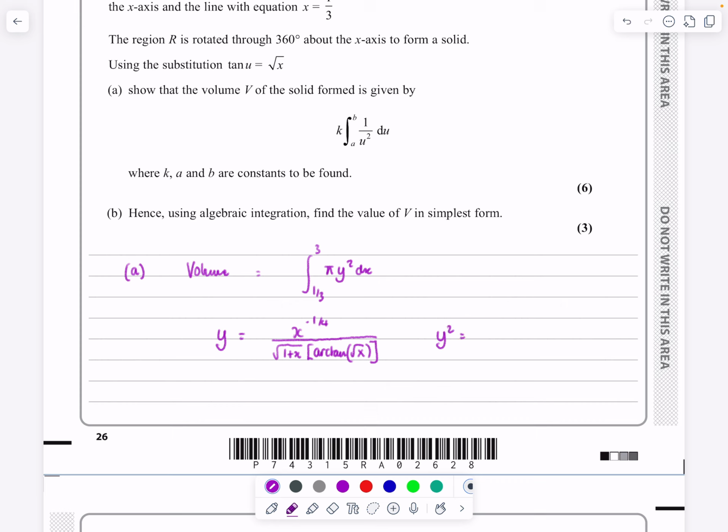If you square x to the minus a quarter, that's going to give us x to the minus a half. Add the powers. The square of root 1 plus x, well, at least that bit's getting a little bit easier. That's becoming 1 plus x. But then we've got all that bit in the brackets, arctan square root of x. That is all going to be squared.